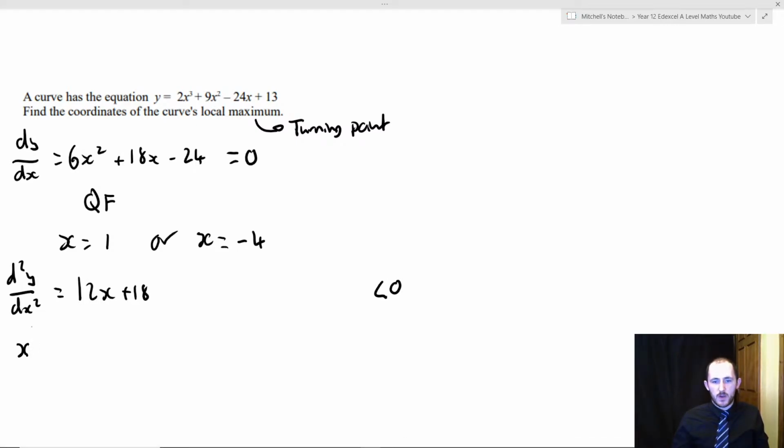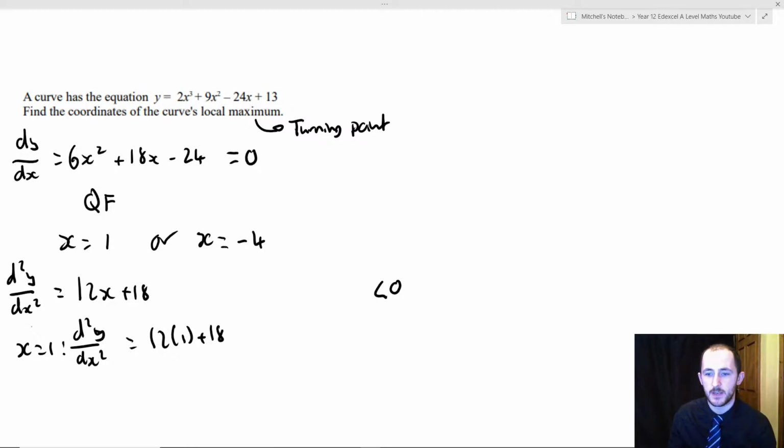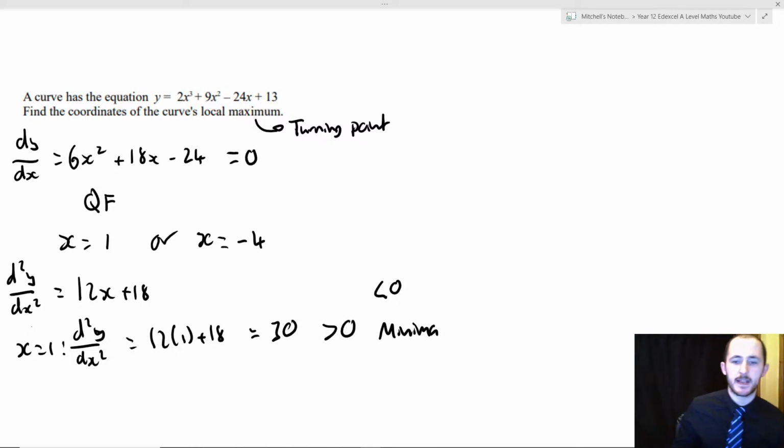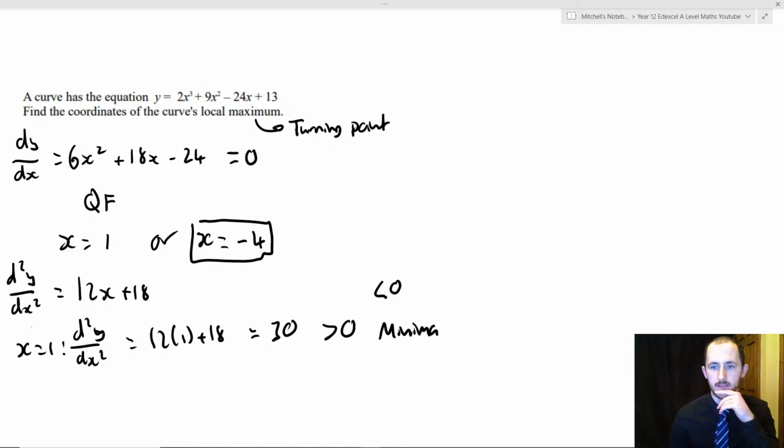So when x equals 1, d squared y by dx squared equals 12 times 1 plus 18, which is 30. To be honest, you can probably tell just from looking which value it's going to be. That is greater than 0, so it's a minima, which means the other one has to be the maxima. And that makes sense, right? Minus 4 times 12 is minus 48, plus 18 is negative. So this one is our maxima.